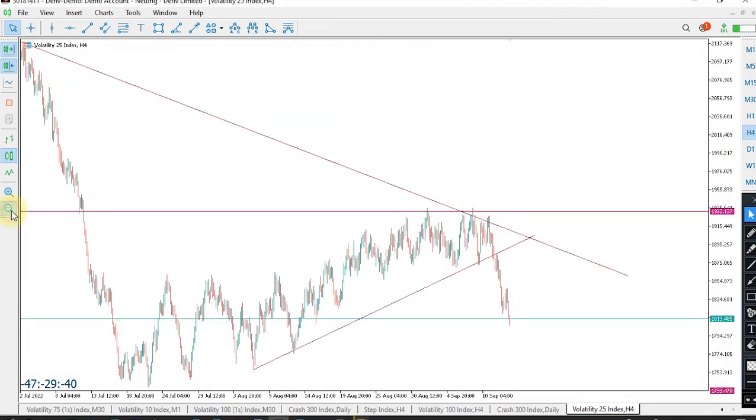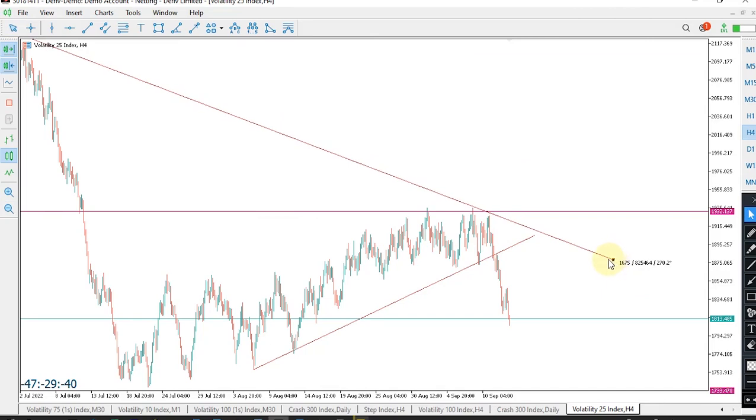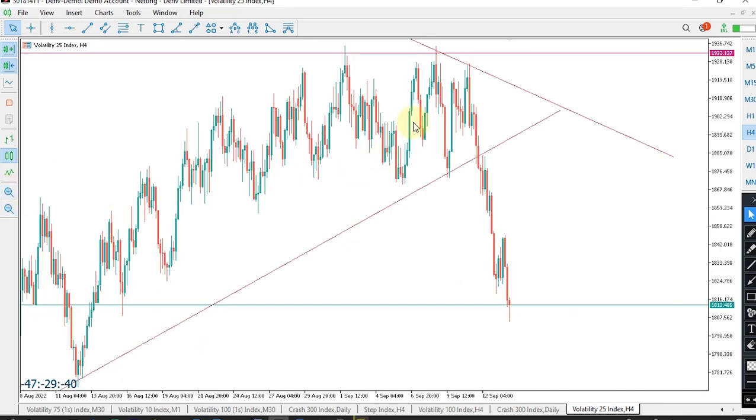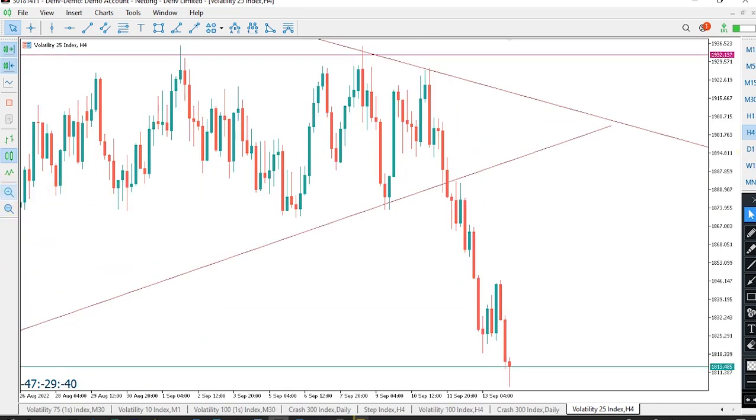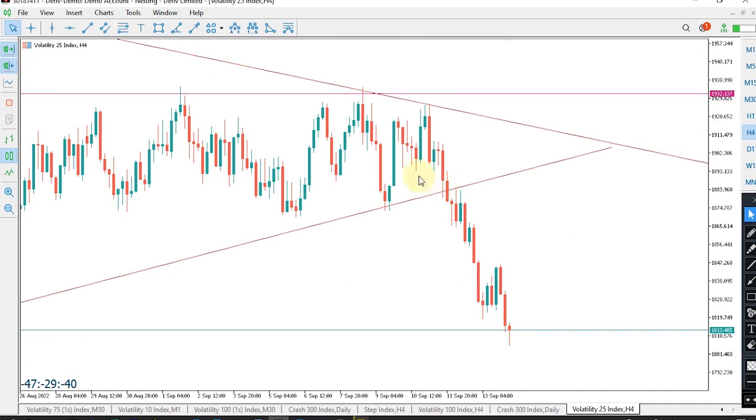So on getting here, this is what I'm going to do. I'm going to adjust the trend line, and I can see something here. This was a contact and this was a contact.